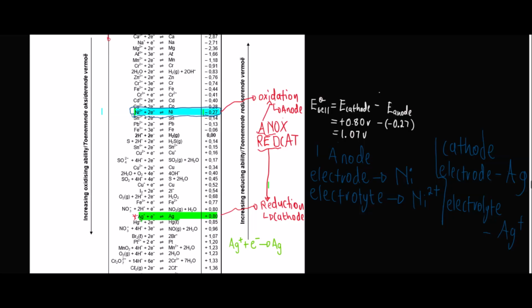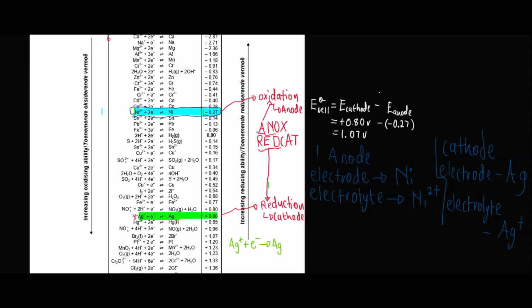It's the ion. So we just look at this, right? You would see that we have the ions, and mostly these ions are in aqueous form. So these ions are our electrolytes, the Ni2+ and the Ag+.